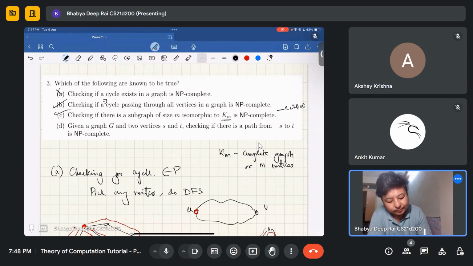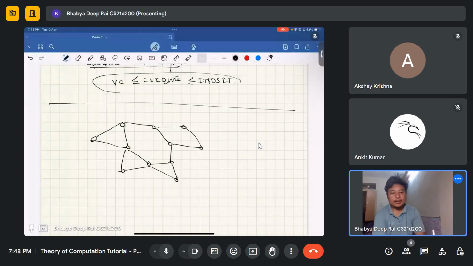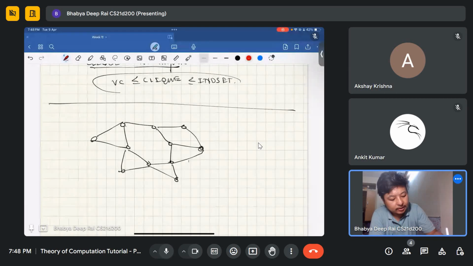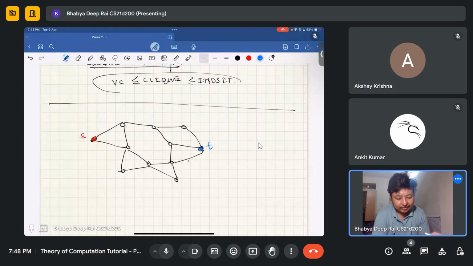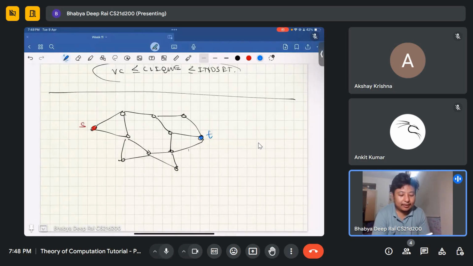You have a graph, and one of them is S and the other is T. Is there a path from S to T? Now, this is clearly in NP, because I can give you the path. But is this in P? Can I have a simple algorithm to solve it? Any idea?